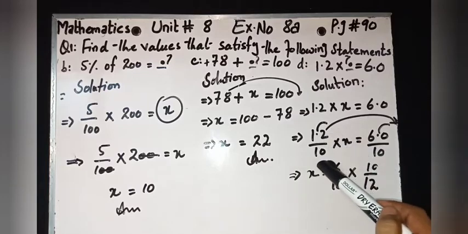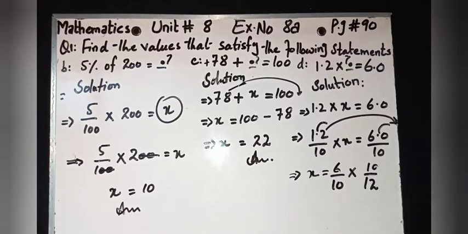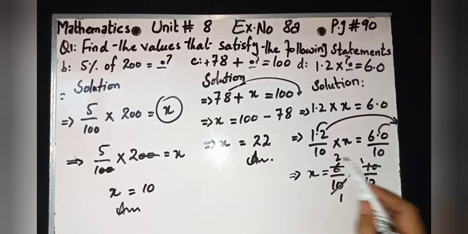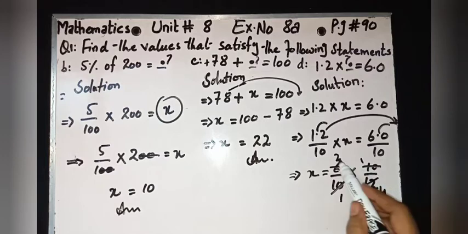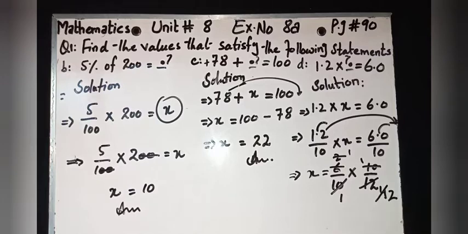So 12 upon 10, after inverse 10 upon 12. Then we reduce it: 10 ones are 10, 10 ones are 10, 3 twos are 6, 3 fours are 12, then 2 ones are 2, 2 twos are 4.